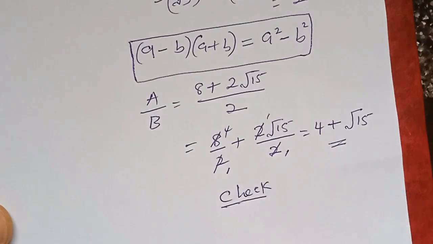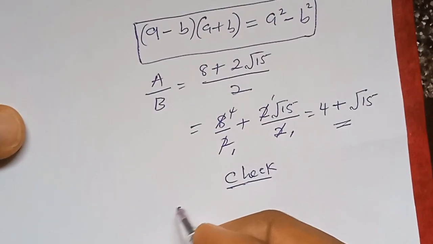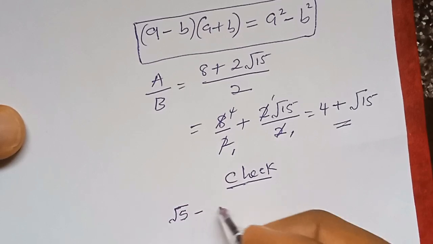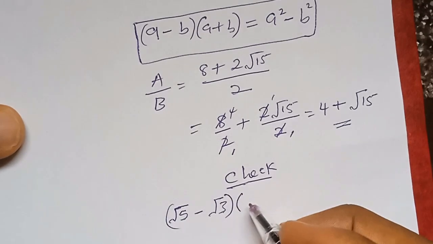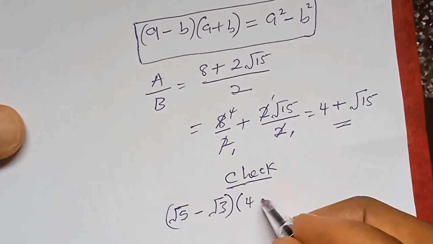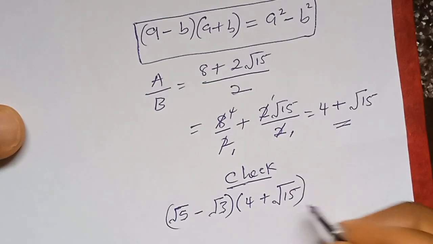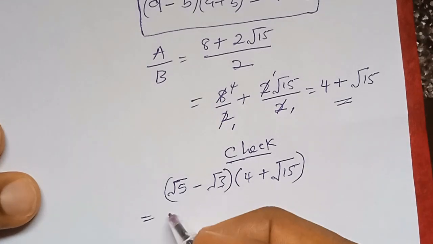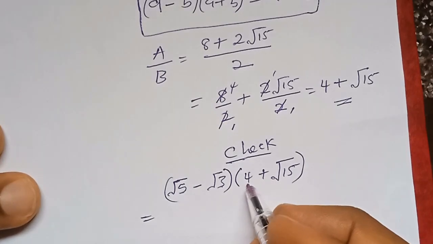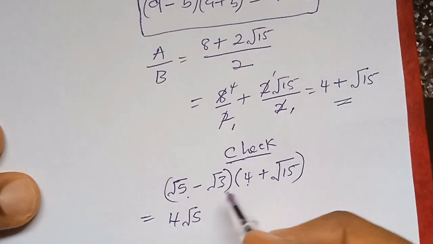Check for the answer. So we multiply that square root of 5 minus square root of 3 by our answer 4 plus square root of 15. So we can expand this with the distributive property. So this multiplied by this, we have 4 square root of 5.